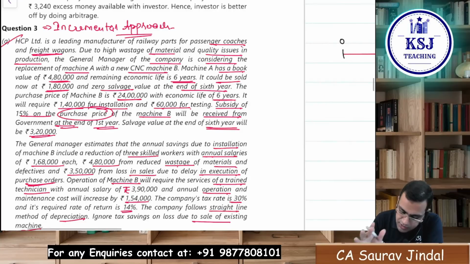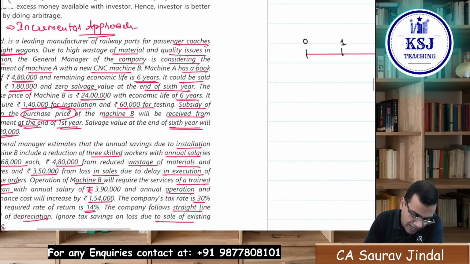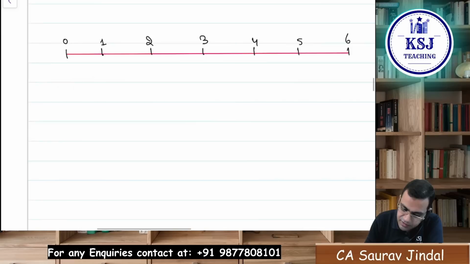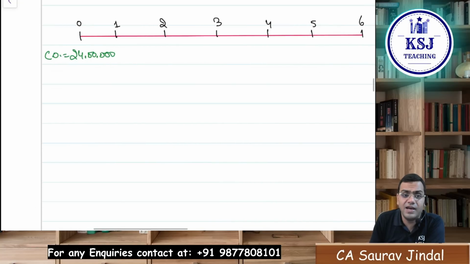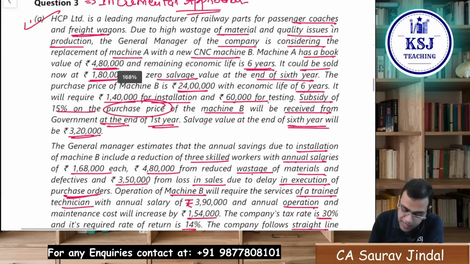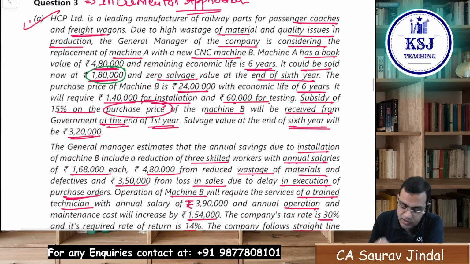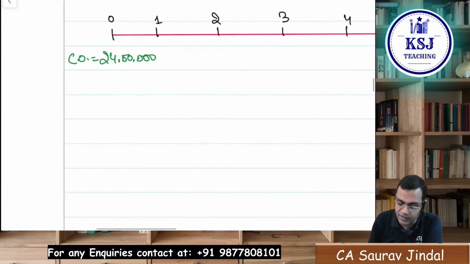Now at zero period, what will be there, sir? At zero period, the first thing will be the cost of new machinery, cash outflow, 24 lakhs. Then 1,80,000 will be the scrap value of the old machinery, because right now it has a scrap value of 1,80,000.